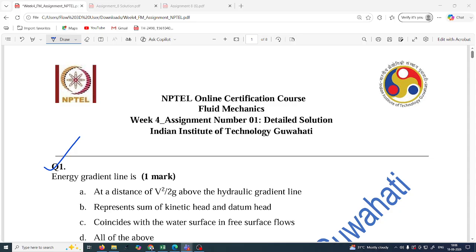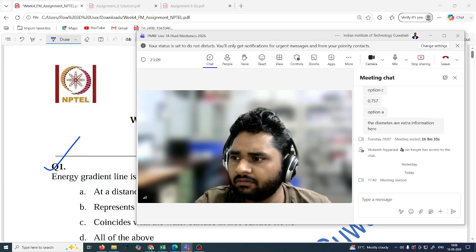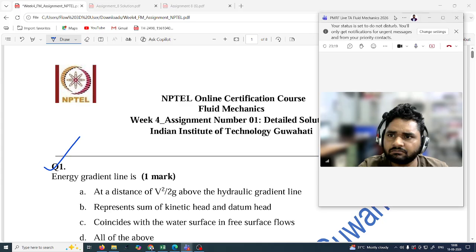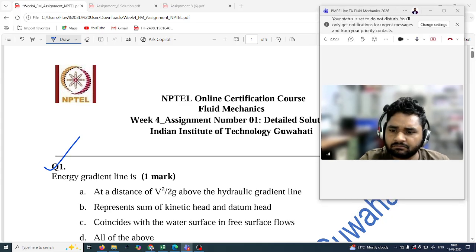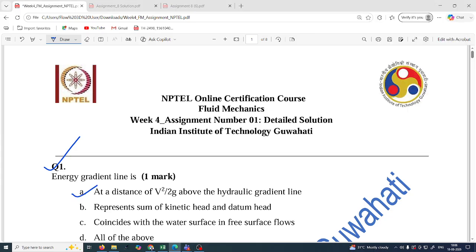Okay, so now let us start. The first question is: the energy gradient line is, option A, at a distance of v square by 2g above the hydraulic gradient line.